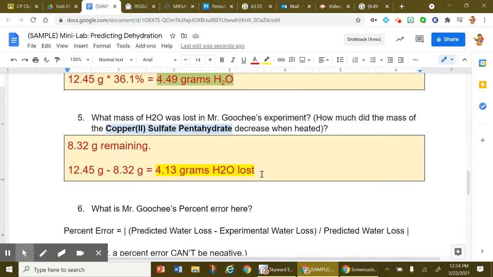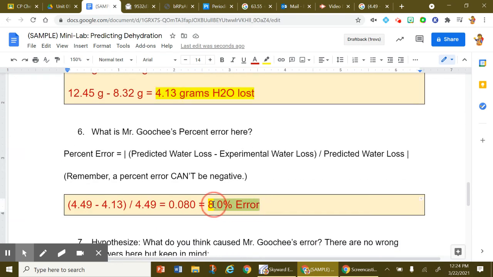When we ran the experiment, we could only remove 4.13 grams of H2O by heating it up. The percent error was an 8% error. Yours might be higher. Yours might be lower. By the way, if you get a negative number, like negative 0.080, you can't have a negative percent error. Remember, this is an absolute value. So whatever you get, if it's negative, you just got to make it into a positive. So this was 8% error here.